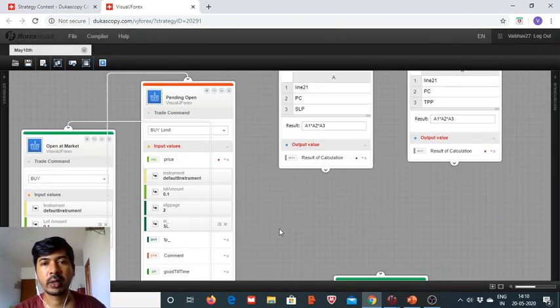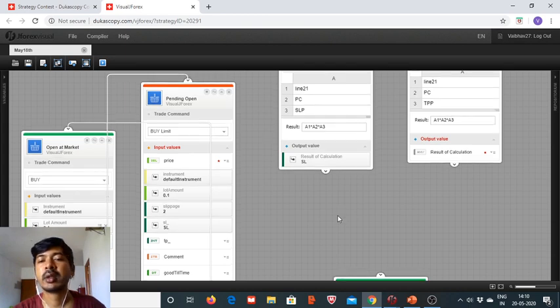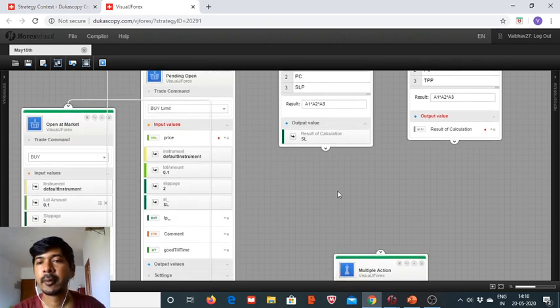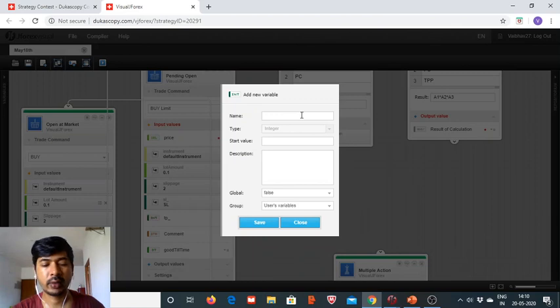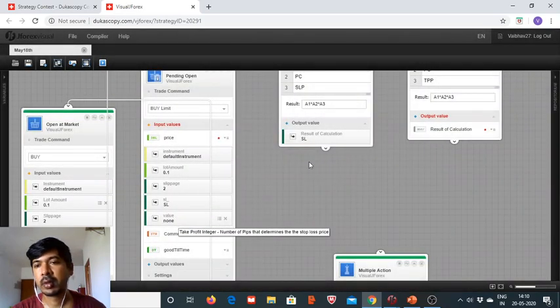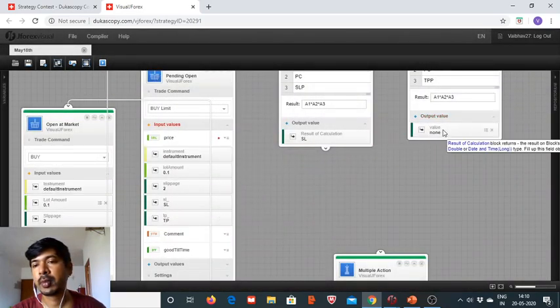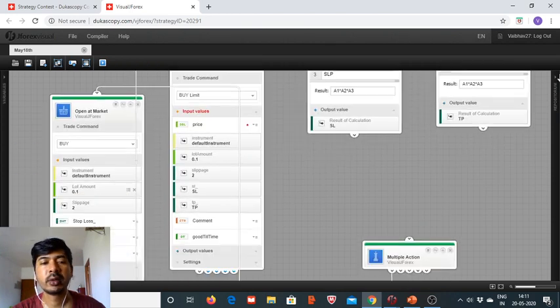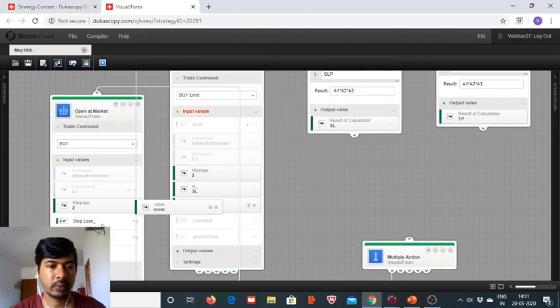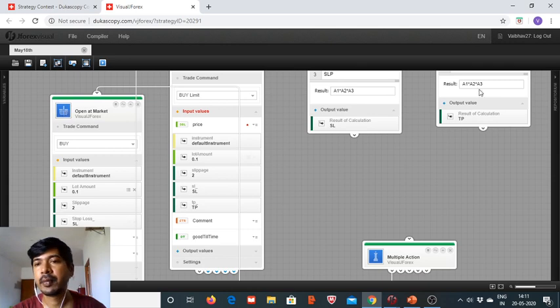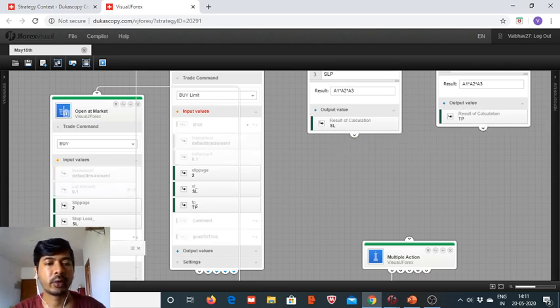Okay, and we put the result of the calculation here, and now we have done this type conversion. Okay, save, and that value would be the result of this calculation. Same thing we need to use for the open at market order as well.